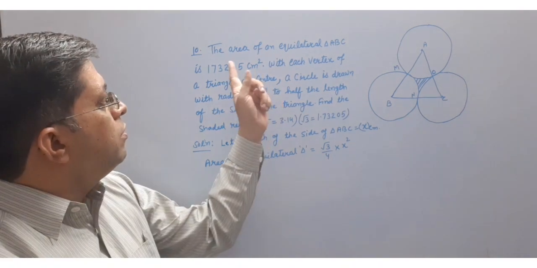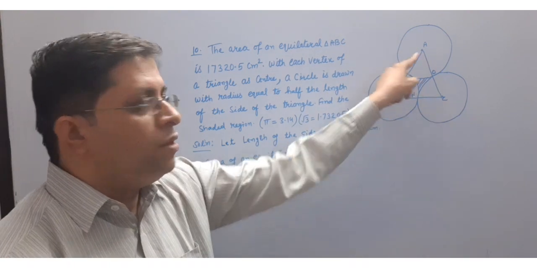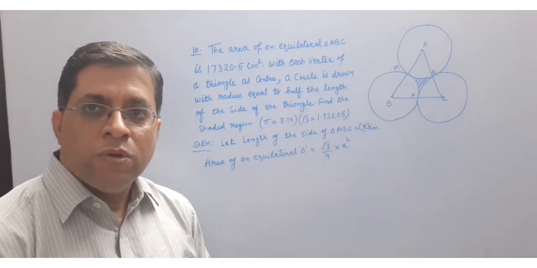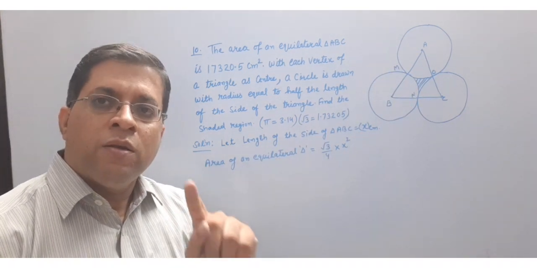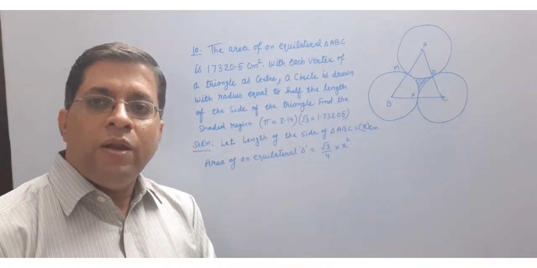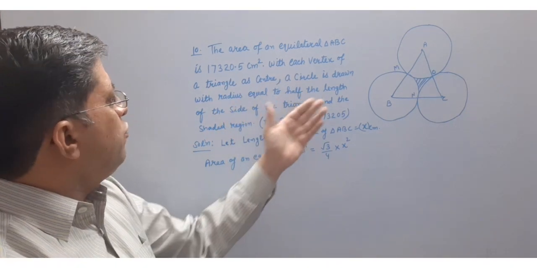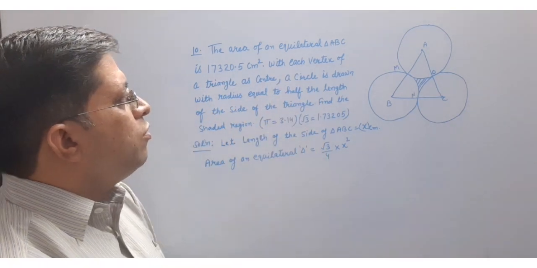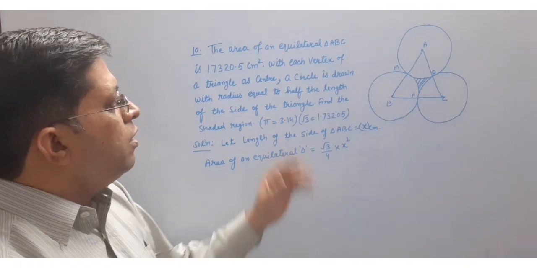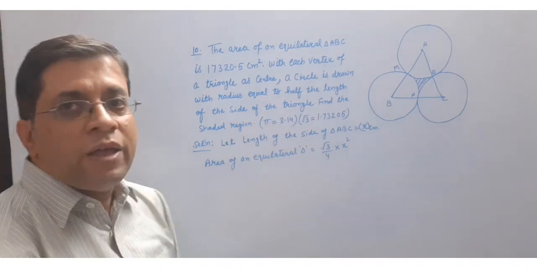What is given? The area of equilateral triangle ABC is given to you. Side is not given, and you have to get the side. Okay, let side be x. With each vertex of triangle as a center, a circle is drawn with radius equal to half the length of the side.